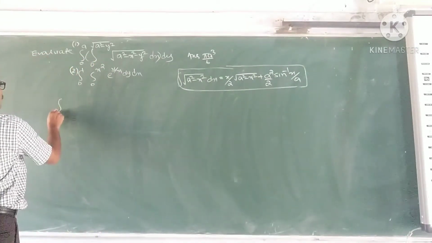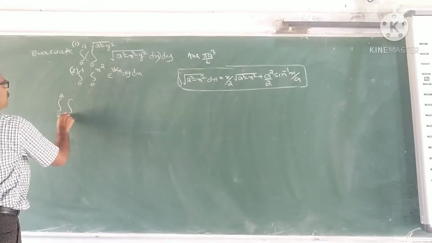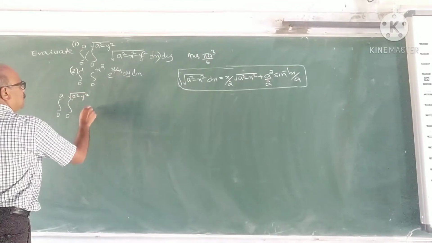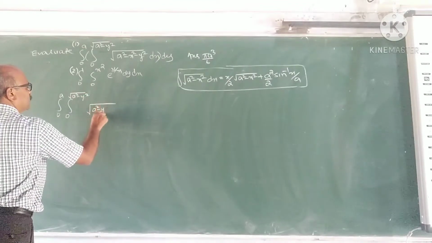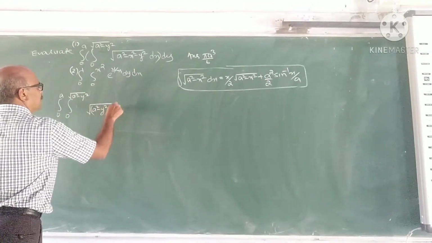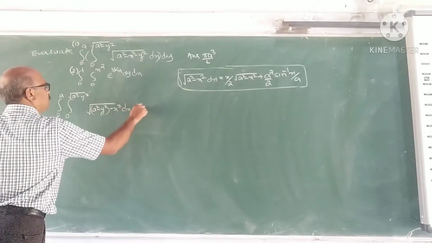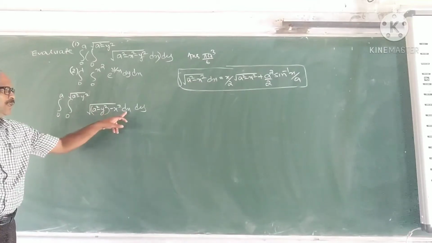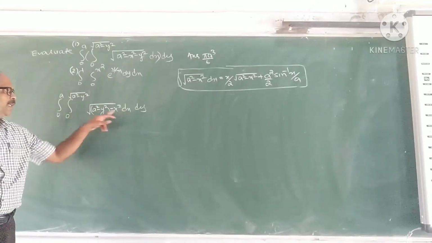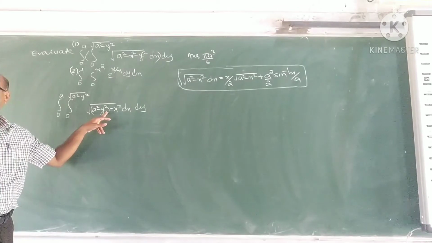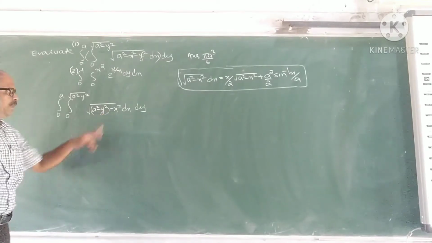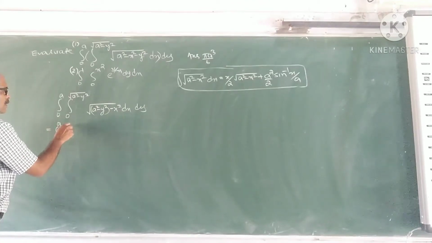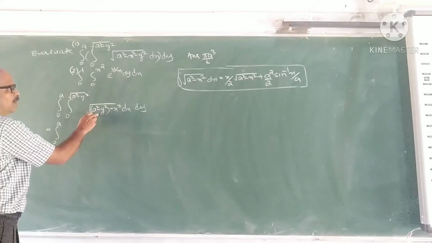So integral 0 to a, 0 to root a square minus y square, square root of a square minus y square minus x square with respect to x, y. So I write like this, a square minus y square, because integrating with respect to x, this is constant. It is therefore 0 to a. Apply the formula now.